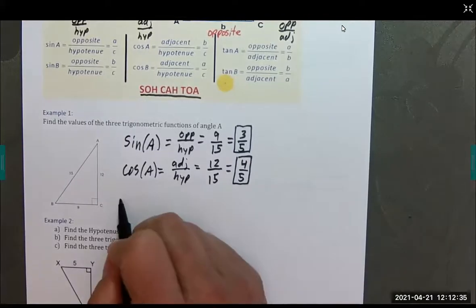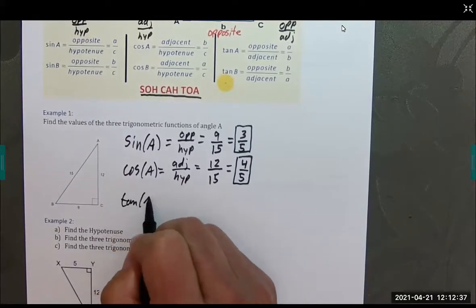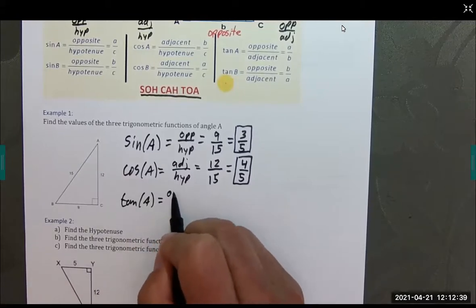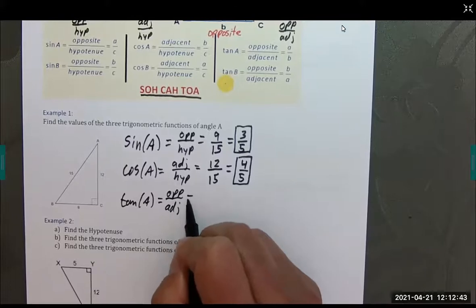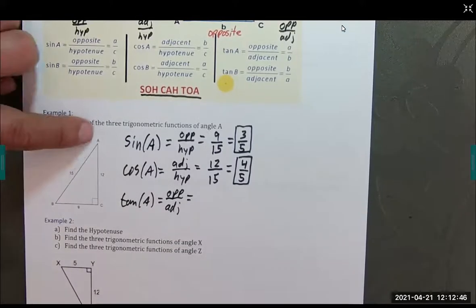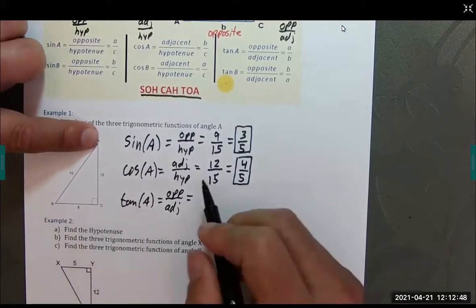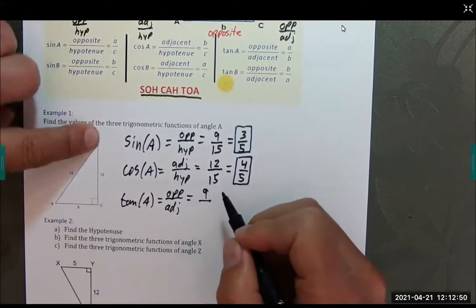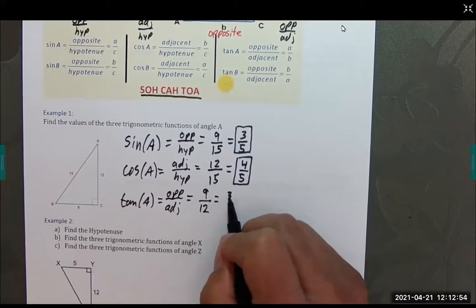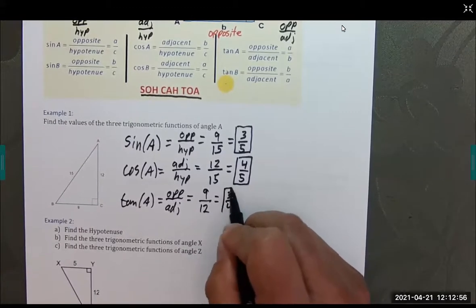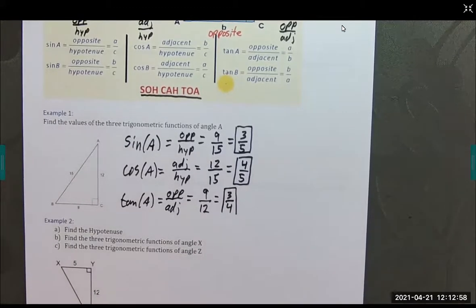The tangent of A, again, is the opposite over the adjacent relative to angle A. So here's the opposite is 9 in this case over the adjacent, which is 12 in this case. There are our three trig functions based off of angle A.